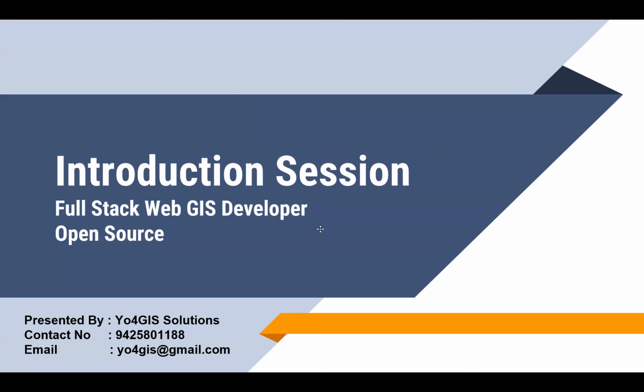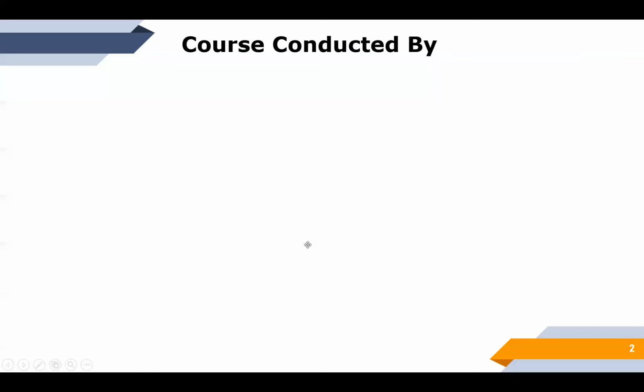So, as you know, this course is related to full stack WebGIS development using open source. Why did we start this course? Because previously we provided courses related to front end development, back end development, database, and many more things.